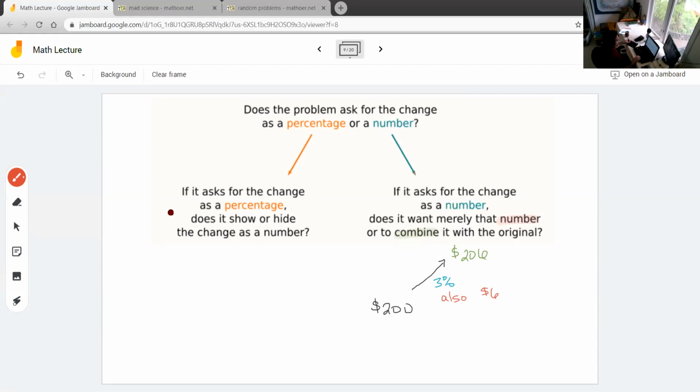That was one thing. The other one was if it asks for a percent, does it show or hide the number? That was the one where we had either going from 75 down, was it 15 cents? Or the other problem, it was 80 going down to 60, and we had to find the 20.